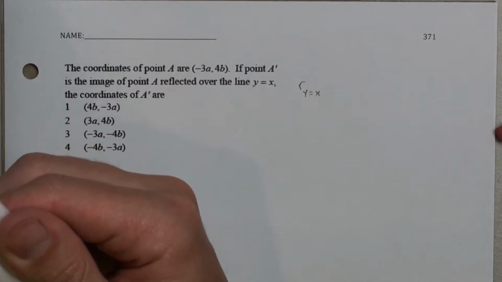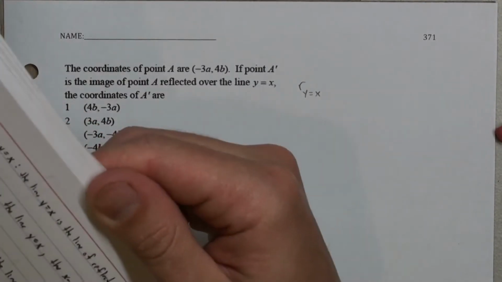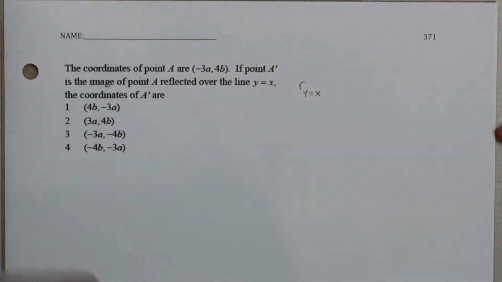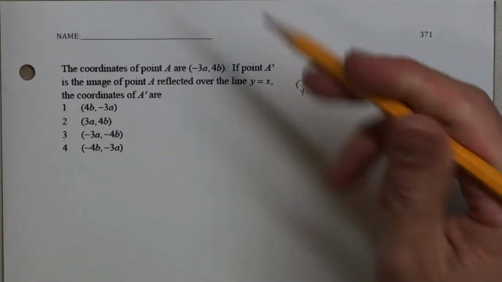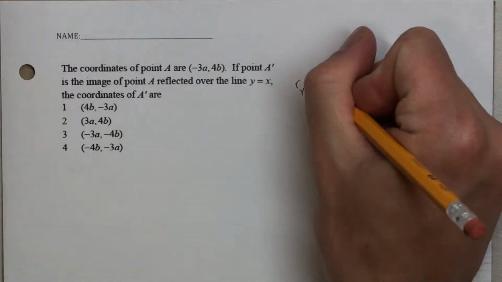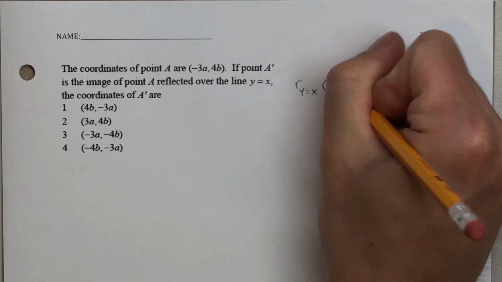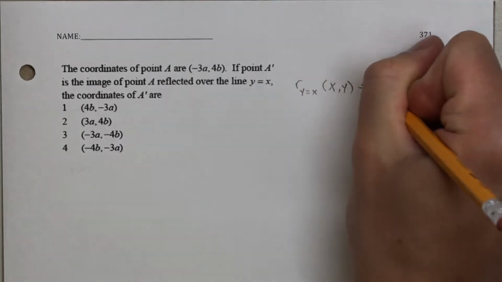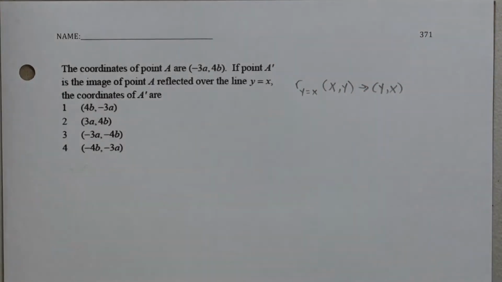Okay. It switches around the coordinates. So x, y goes to y, x. Okay? Well, what was the one I was confusing it with? Oh, a rotation of 180 is the one that I was confusing it with in my head.